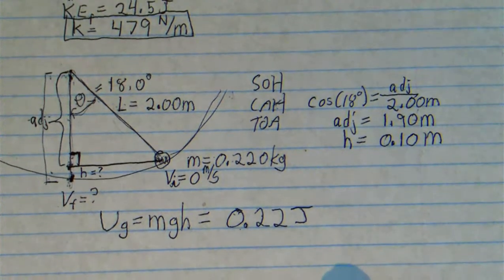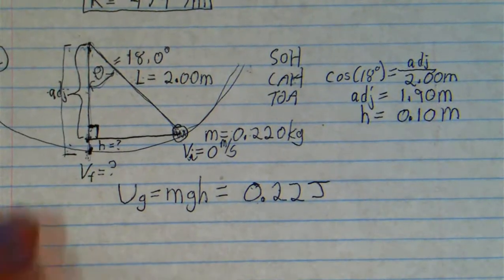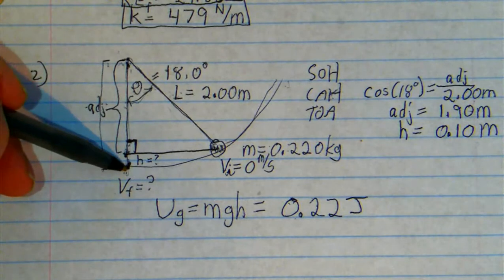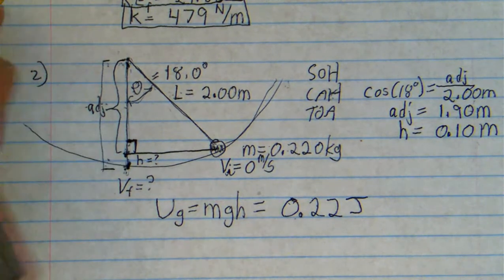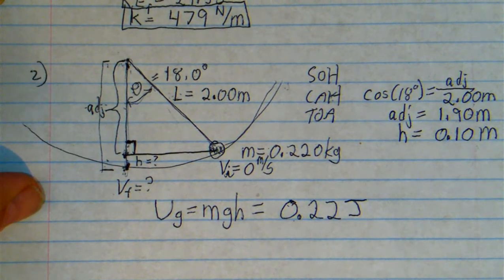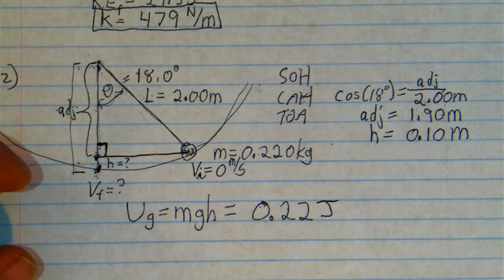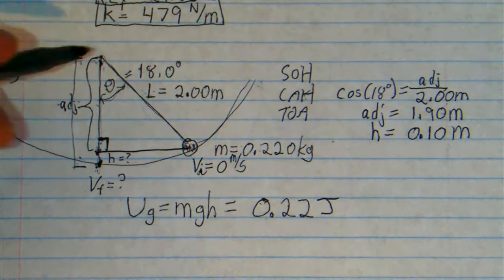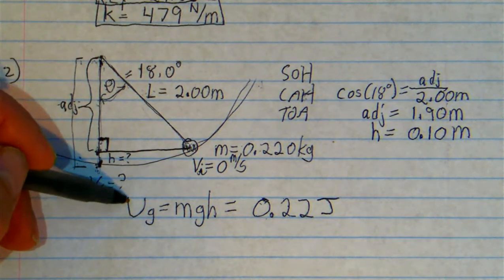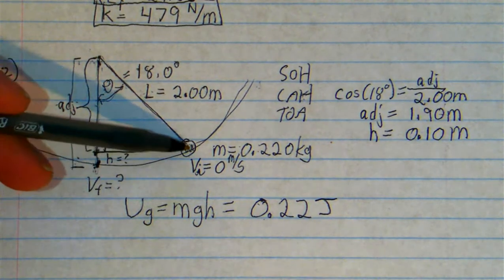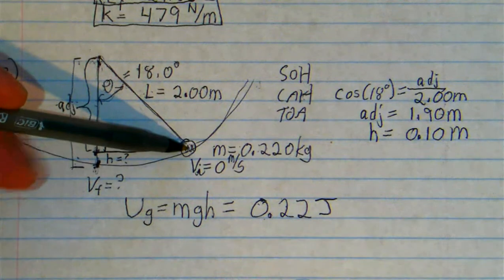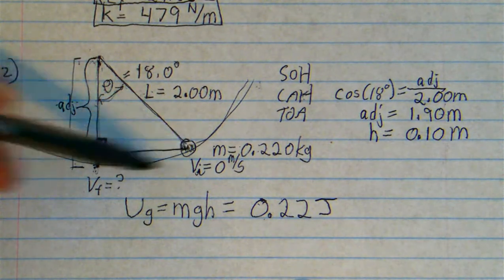I agree. The question is, how fast is it moving at the bottom of the swing? So my next question is, now what? Okay, after a little bit of thought and discussion, my students are suggesting that this gravitational potential energy that we just calculated is converted entirely into kinetic energy at the bottom of the swing.